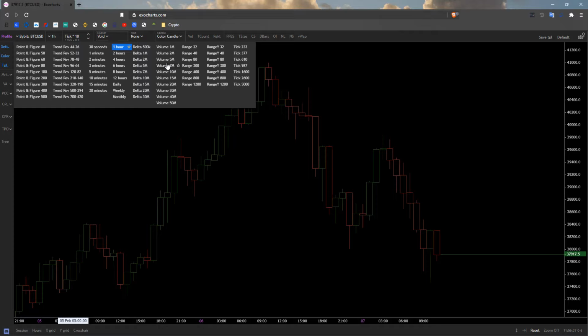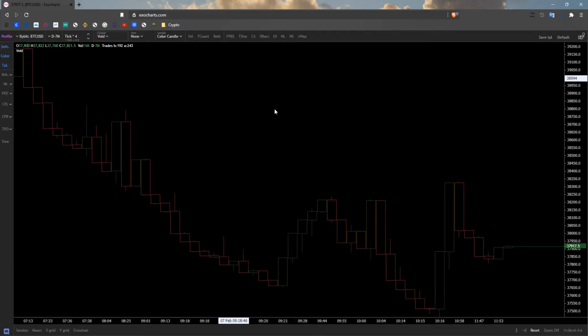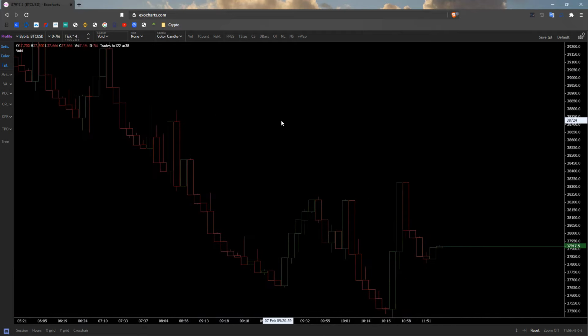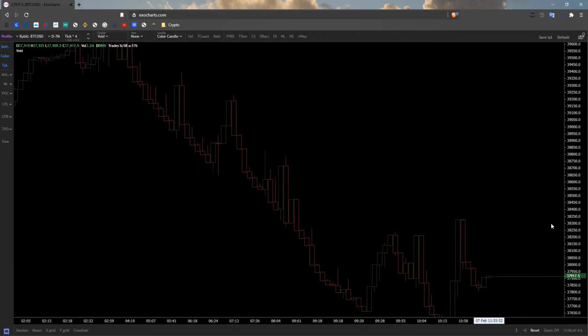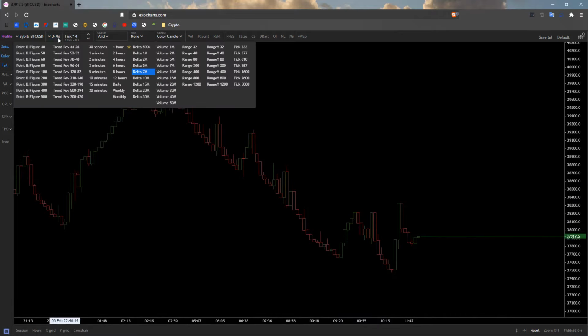So if you're looking at a delta of 7 million, let's click on that, the candlesticks are going to look way different because, even though this is the same market, you're only printing a candle every time the delta is negative 7 million, or positive 7 million. That means there have been more buyers than sellers, or the reverse, by a difference of 7 million, in other words. And you can also do this by volume.